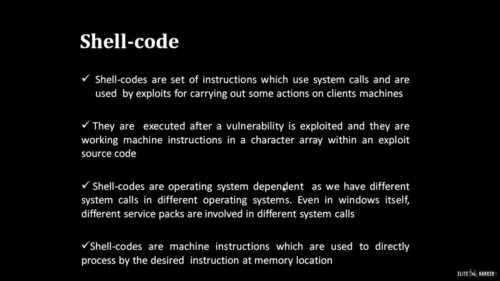They are operating system dependent as we have different system calls in different operating systems. Even in Windows itself, different service packs are involved in different system calls. Shellcodes are machine instructions which are used to directly process via the desired instruction at a memory location.